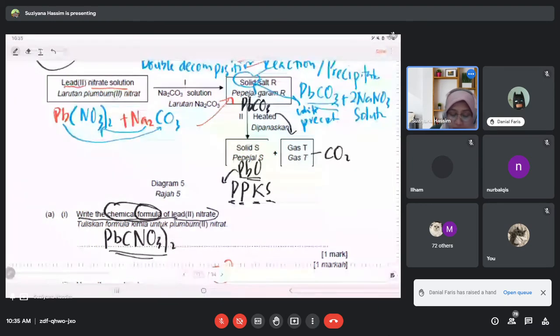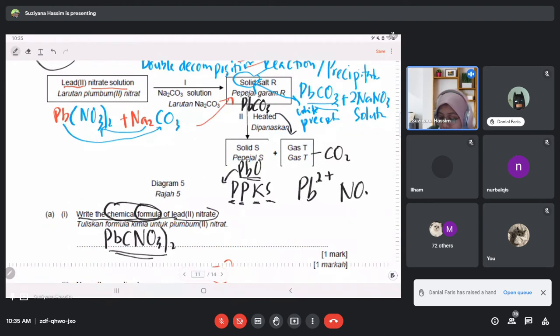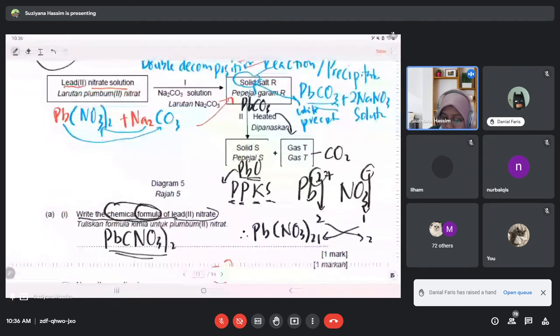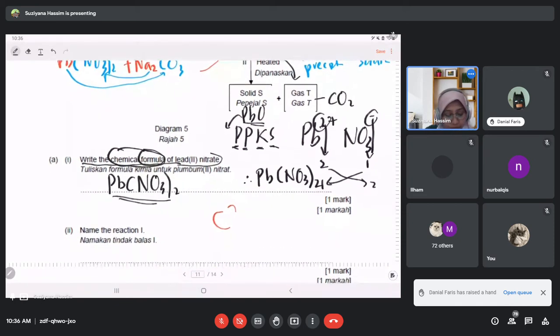Okay, if you are confused, I check. Pb2+, nitrate NO3-. The 2 goes down to 1 here. Cross 1, cross 2. Therefore, the lead nitrate formula is this answer. Okay, let's go. Name the reaction.